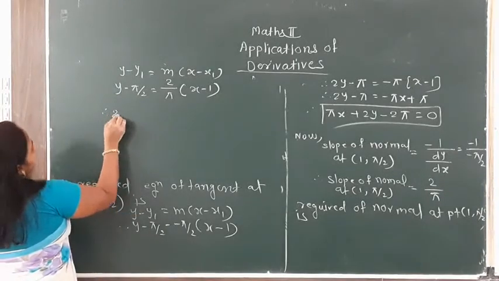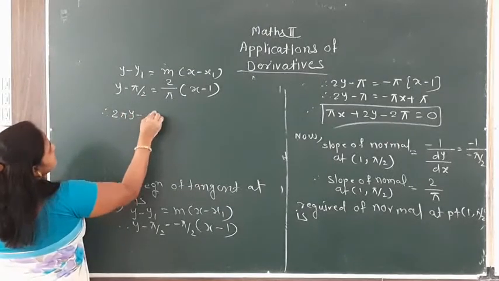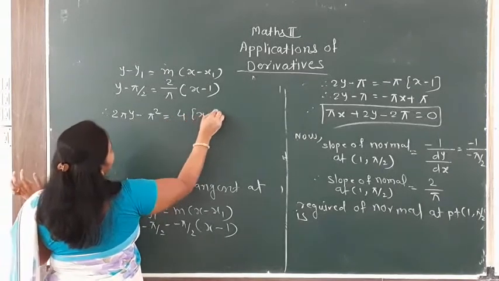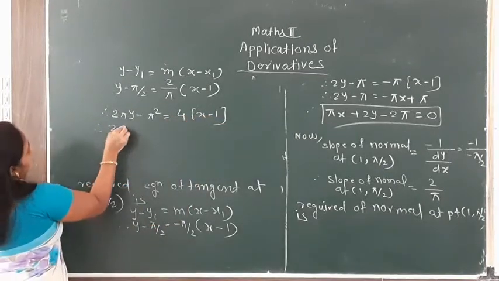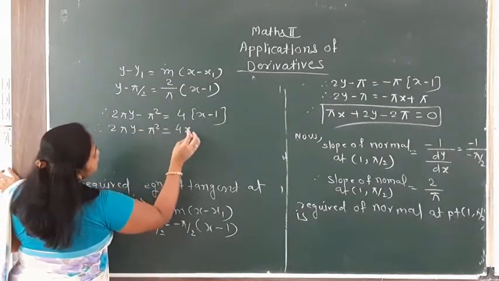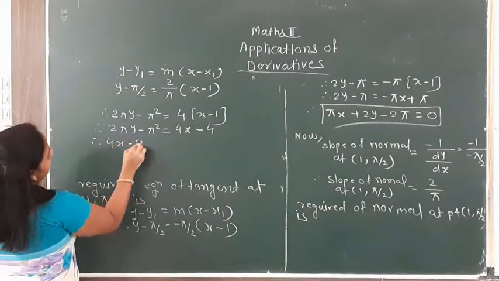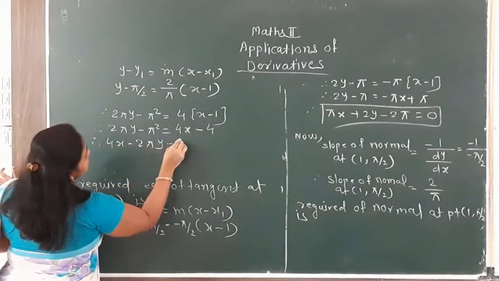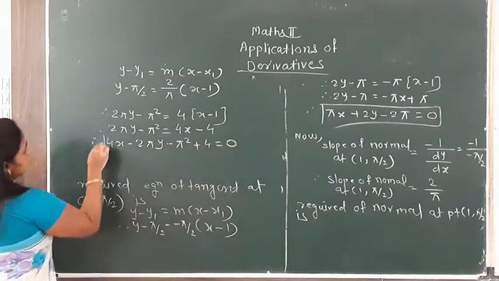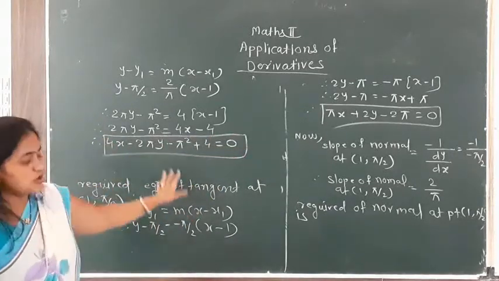So we get 2 pi (1 minus y square) minus 4x is equal to 4x minus 4. Simplify. So we get 4x minus 2 pi y minus pi square plus 4 is equal to 0. So this is the required equation of the normal.